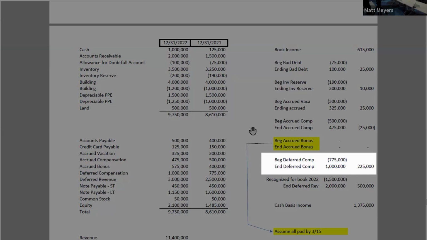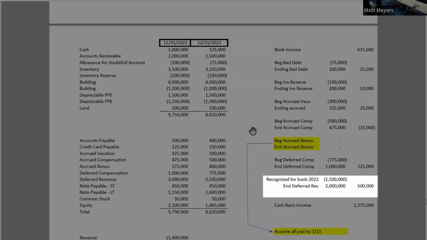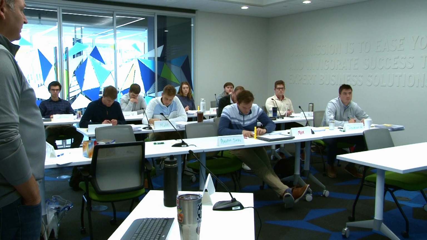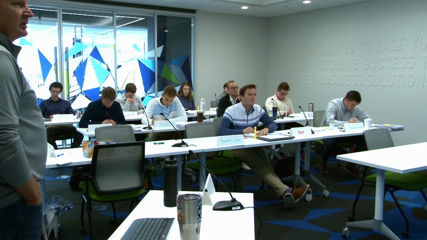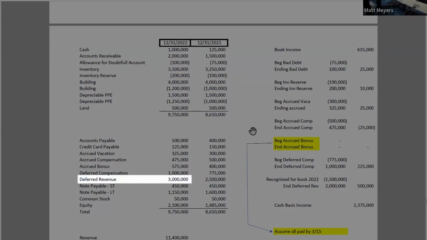Oh my. Recognized for book 2022, ending deferred revenue, $2 million for $500,000. Where the hell is that M1 coming from? What's my deferred revenue up there? 3 million? Well, I'm not fluxing that account.